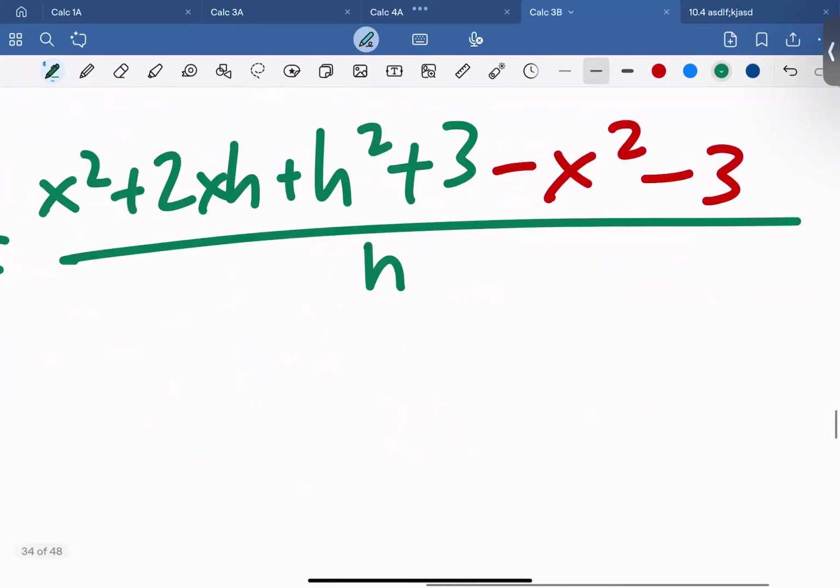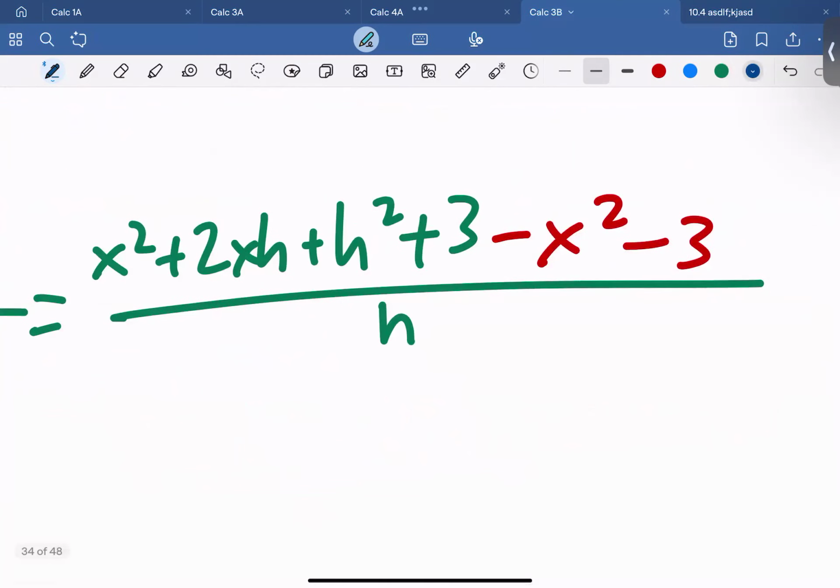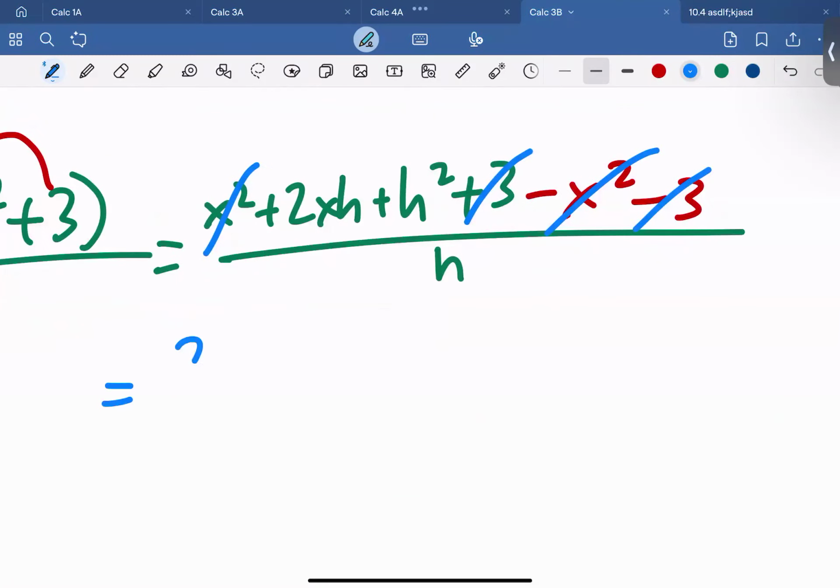Now, if we look at this all multiplied out, we will immediately see that we can cross some things out, like these x squareds, and the plus 3 and minus 3. So I'm going to rewrite this: 2xh plus h squared, divided by h.